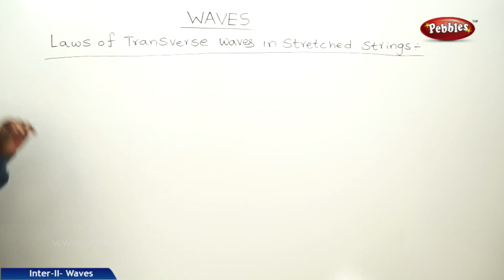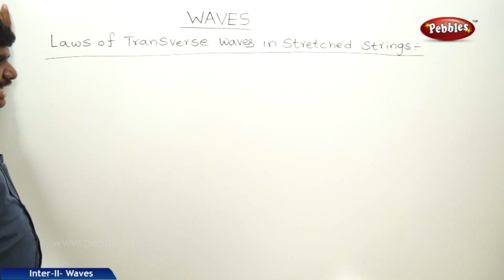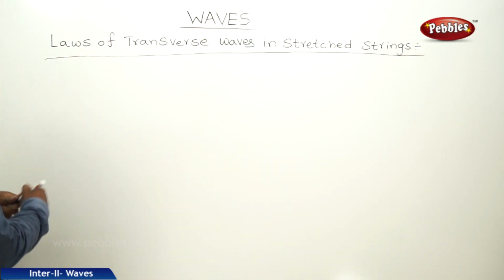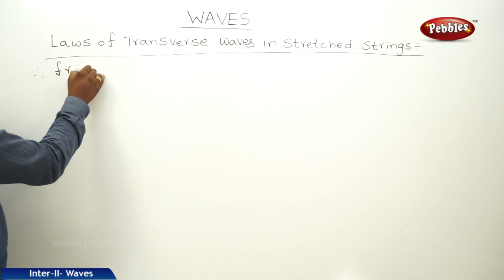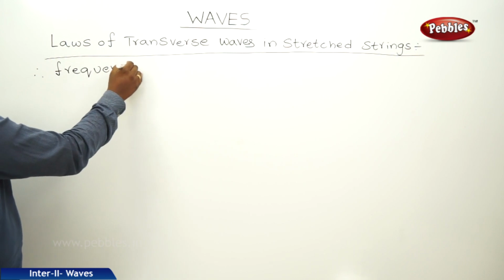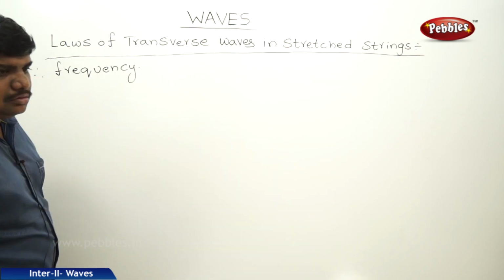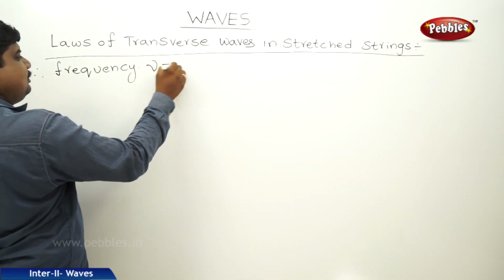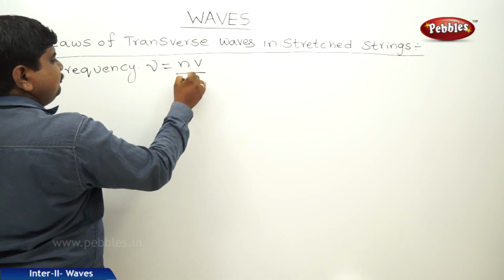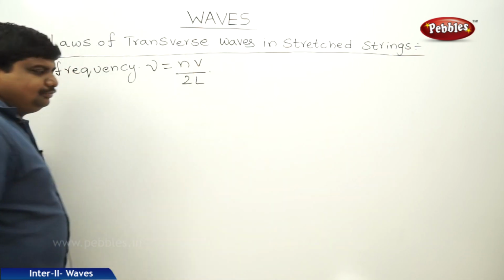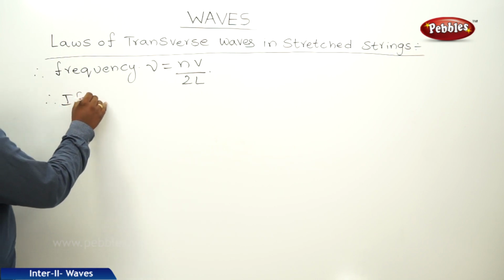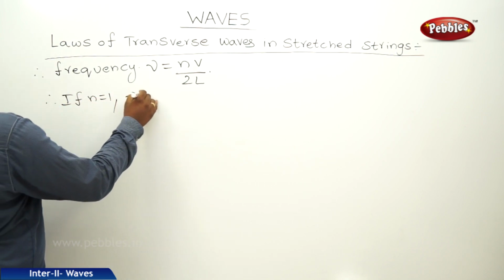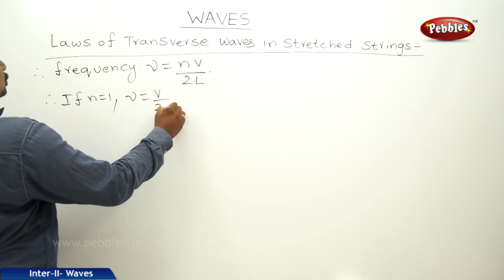So the next concept is laws of transverse waves in stretched strings. We know that frequency nu is equal to n into V by 2L. So if n is equal to 1, nu is equal to V by 2L.